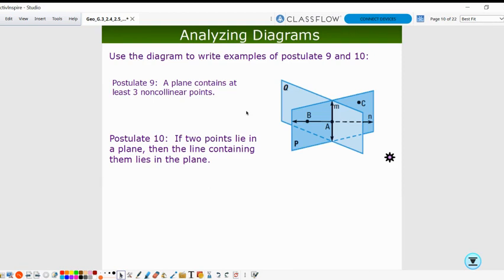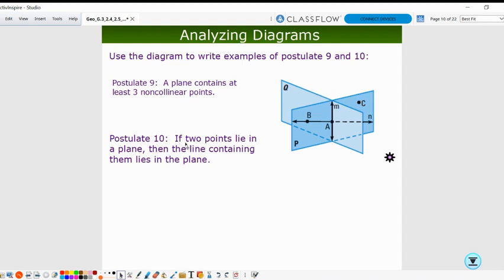Use the diagram to write examples of postulate 9 and 10. Postulate 9 says a plane contains at least 3 non-collinear points. So if we take a look at plane P, for example, plane P is a plane because it consists of at least B, A, and C, these 3 non-collinear points.